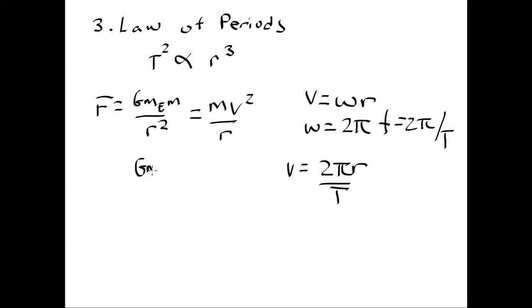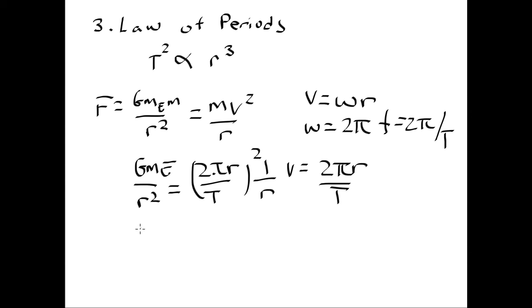So what we really get is G times the mass of Earth times the mass of the planet over r squared, where r is the radius of where the planet is, equals (2 pi r over T) squared over r. In this equation, we got rid of the mass of the planet because it doesn't matter. So the period is independent of the mass of the planet.